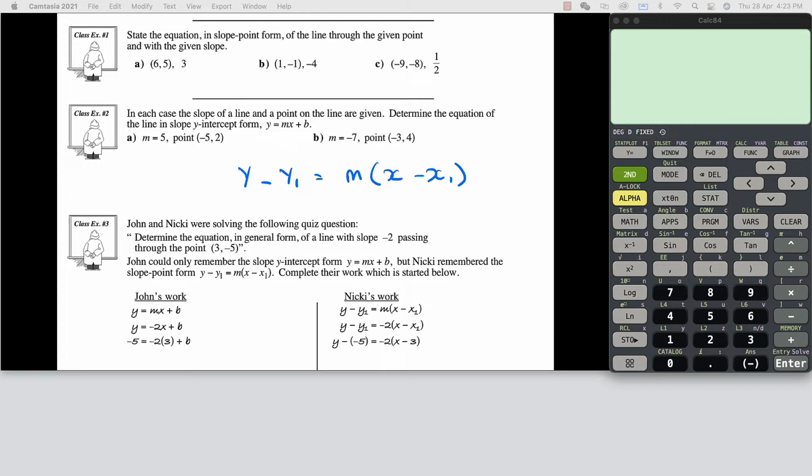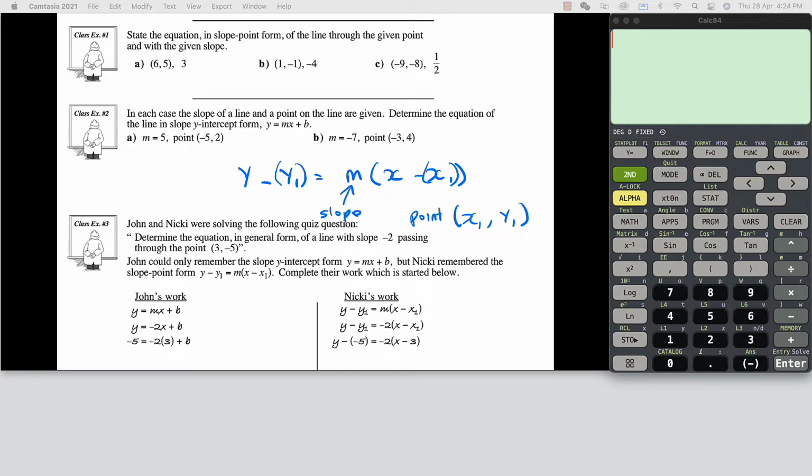This y and this x are going to be a point, some point that lands on that line, x1 comma y1. The m is the slope. Depending on what information we have, we can move between different formats to get different types of information.